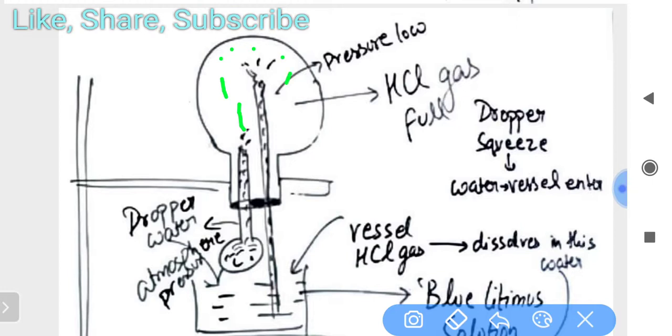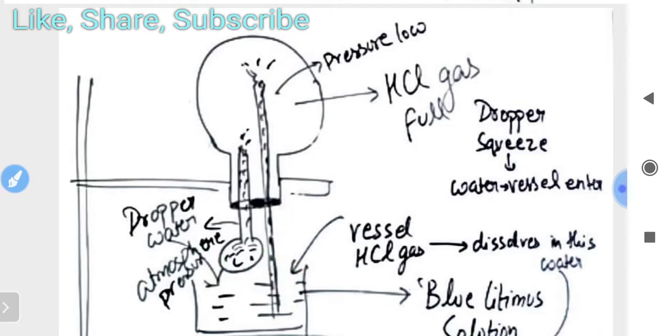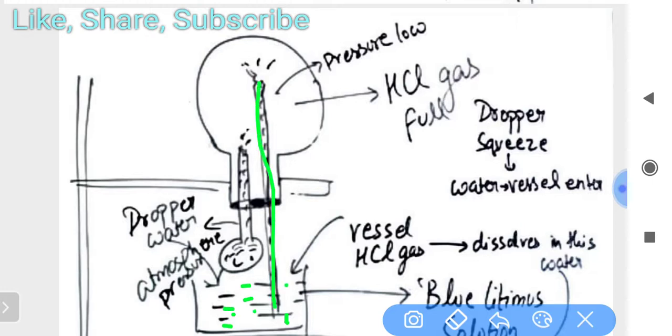And you know that the atmosphere also puts its pressure here, because it is an open vessel, the atmosphere also puts a normal pressure. So due to this pressure, this HCl gas and the blue litmus which is there go upside and flow here like that.